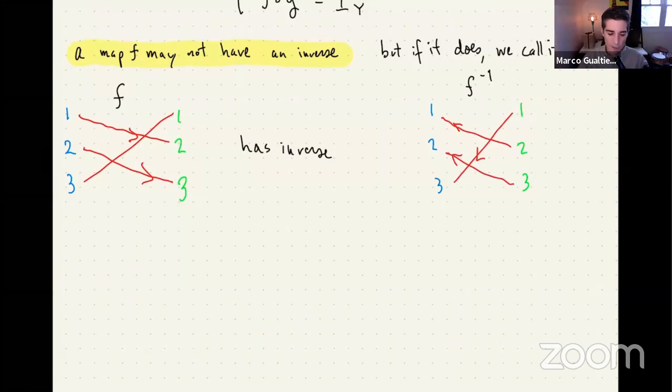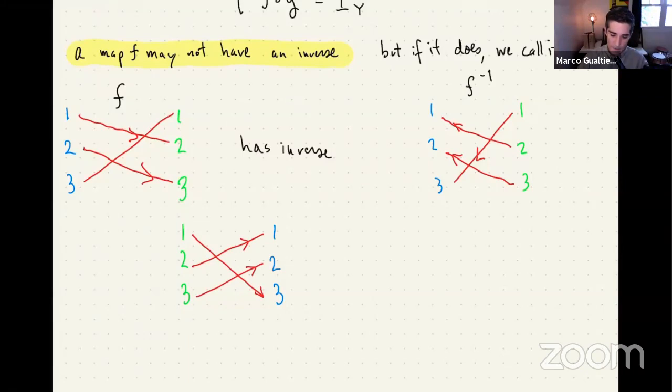And if I rewrite this in the standard way, with the domain on the left and the codomain on the right, then it takes 1 to 3. I'm just rewriting it flipped over so that the domain occurs on the left side and the arrows are pointing to the right. 2 is sent to 1, and 3 is sent to 2. So this is a picture of F inverse.